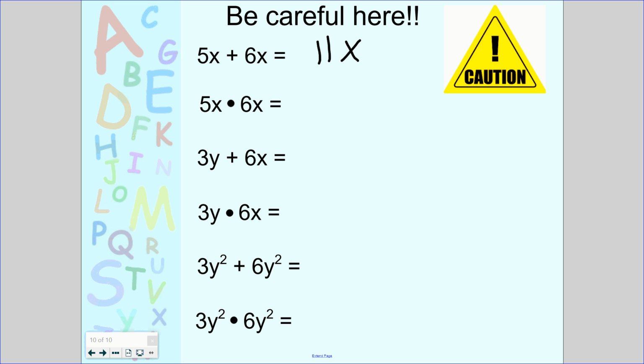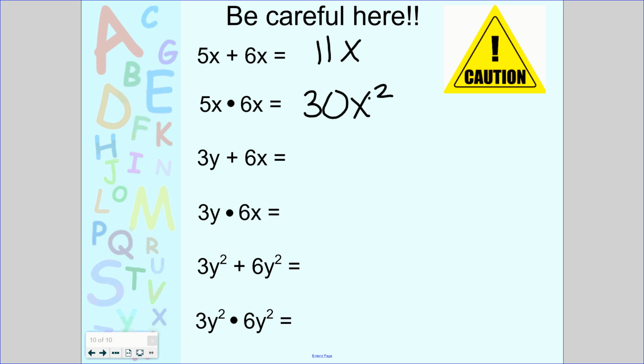Now multiplication, you do not have to have like terms to be able to combine them together. We are multiplying the numbers up front, the coefficients, and the variables. So if I have 5 times 6, I get 30. Does anybody know what x times x is? X squared. Yep. So multiplication, we do change the variable because we are multiplying.